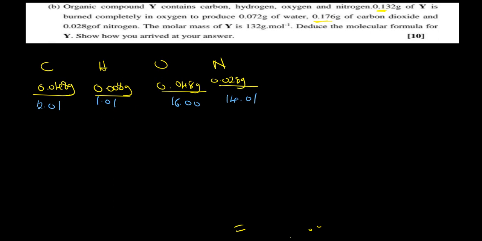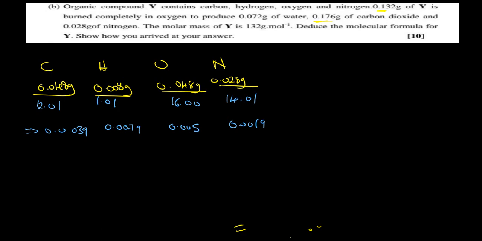So you divide throughout these numbers. Here it will give you 0.0039. Then here it will give you 0.0079. Here it will give you 0.005. Here, when you divide by 19, I'll just leave it like this.